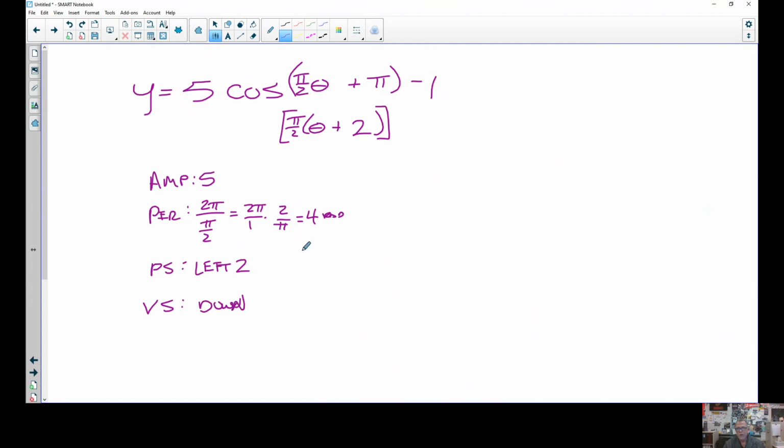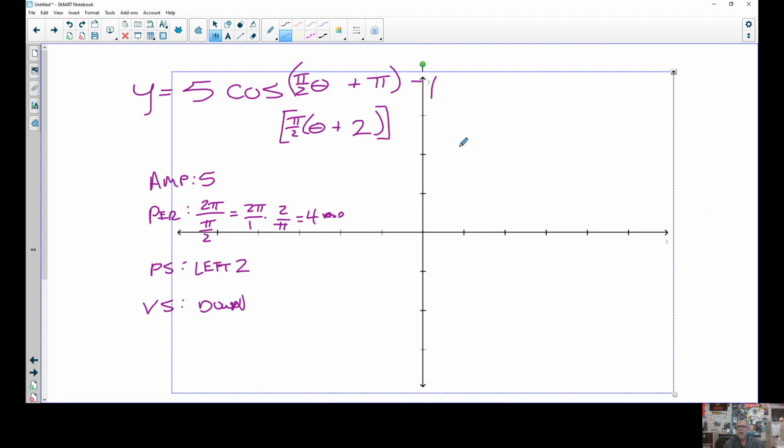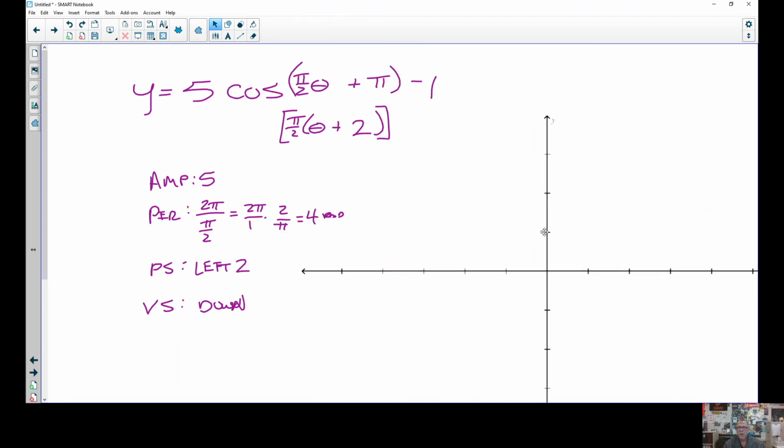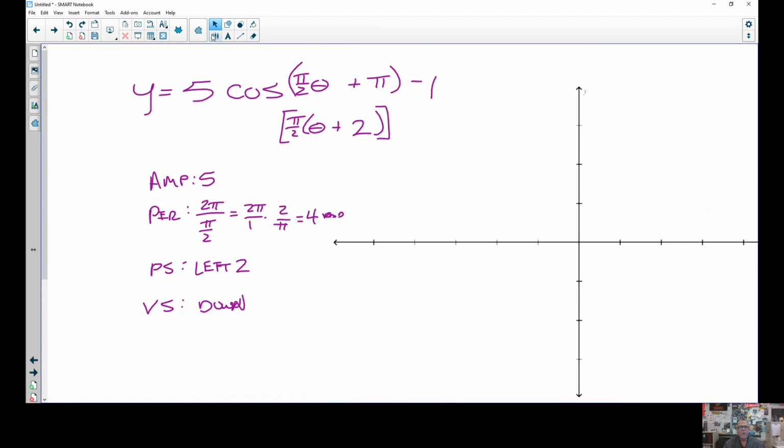All right, so now we've got to put all this into a graph. Let's try this. Now, I'm going to do that same thing I did before. I'm going to start and try to figure out what this is all going to look like. Normally, I'm at 0, pi, 2 pi, and I'd be at pi over 2 and 3 pi over 2.